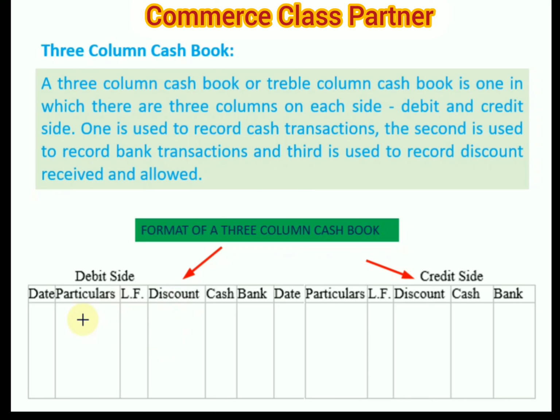When we are receiving cash, we are allowing discount, so discount allowed is given on this side. When we are paying cash to anybody, we are receiving discount, so discount received is given on the credit side, that means on the payment side. See, there are 3 amount columns, discount, cash and bank, on the debit side, and there are 3 amount columns on the credit side also.